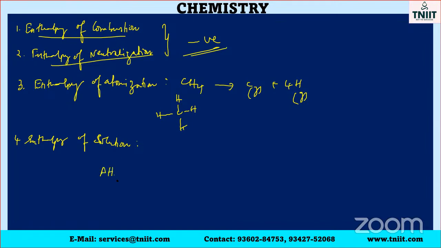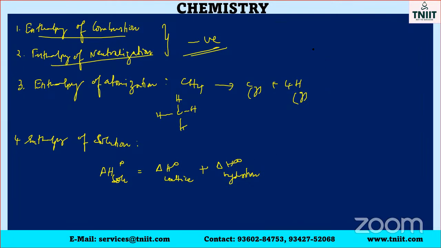Enthalpy of solution is given by the formula: lattice enthalpy plus enthalpy of hydration. Lattice enthalpy, you would have learned in the chemical bonding chapter. It's called the Born-Haber cycle. How do you find lattice energy?